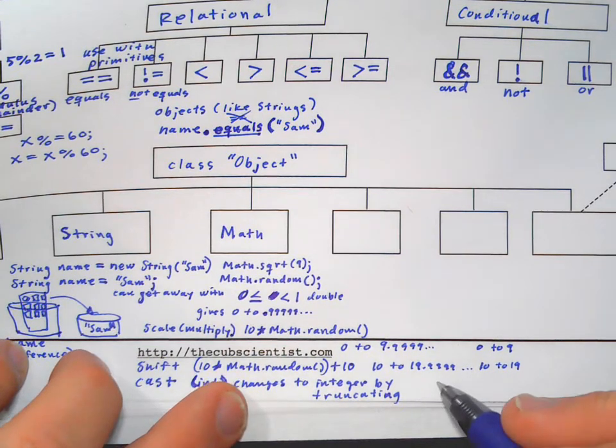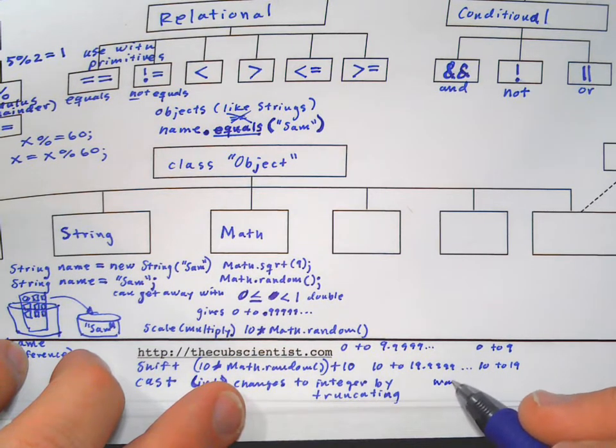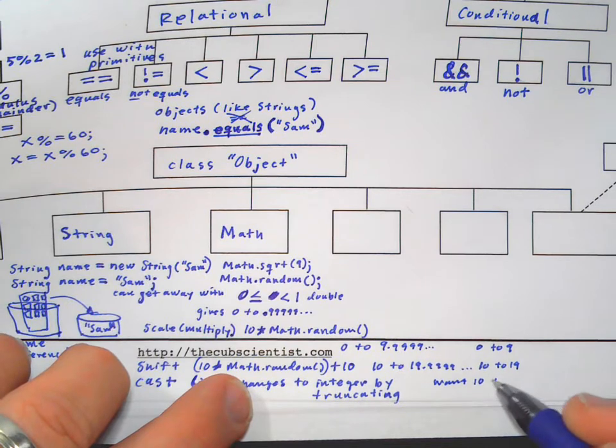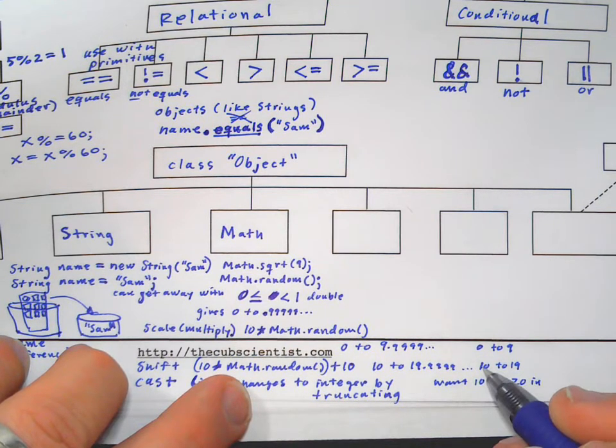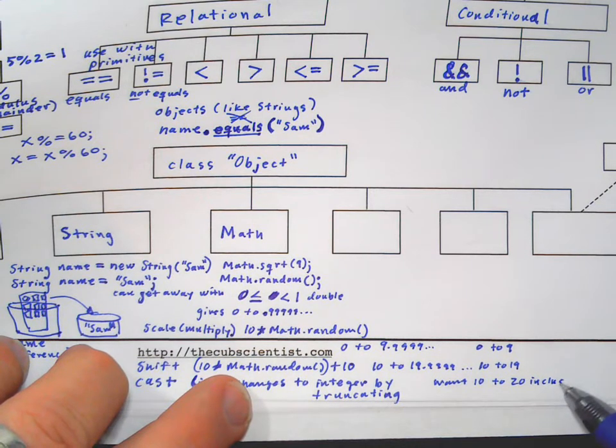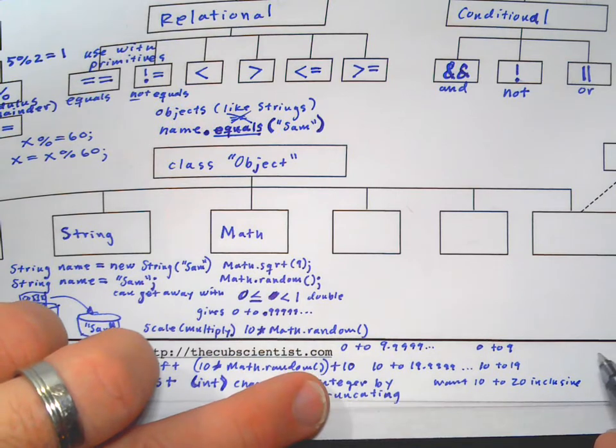What if you want 10 to 20 inclusive? This is 10 to 20 exclusive, excluding 20. But let's say you actually want to go all the way up to 20.